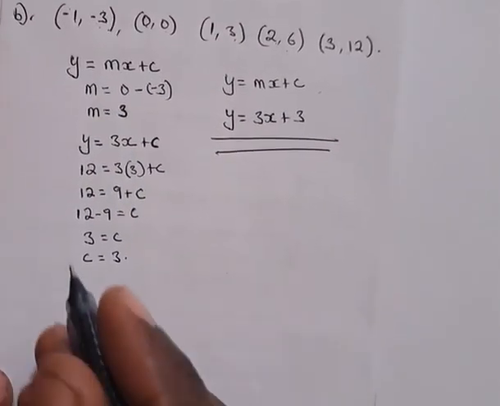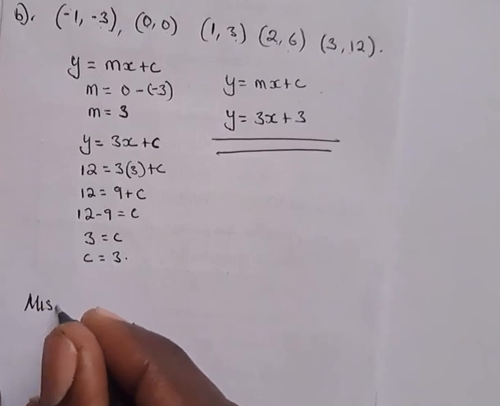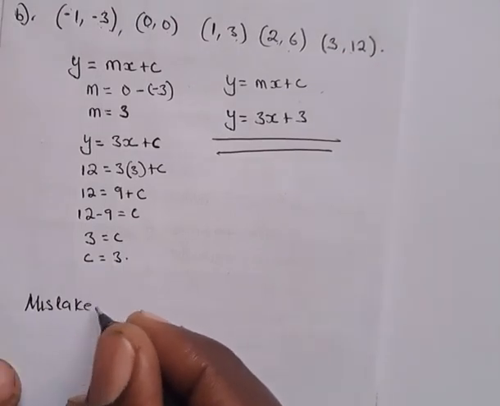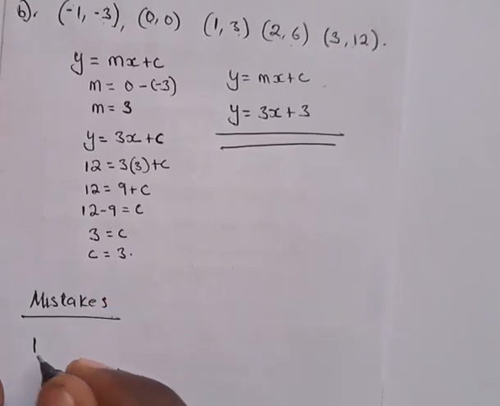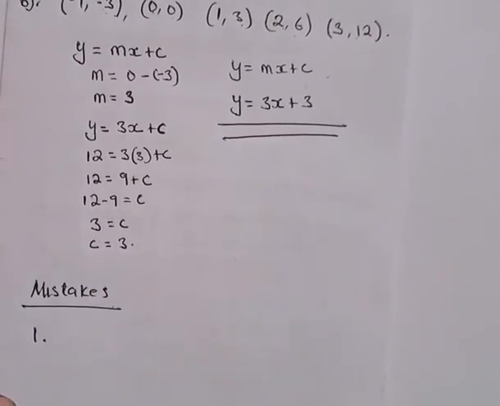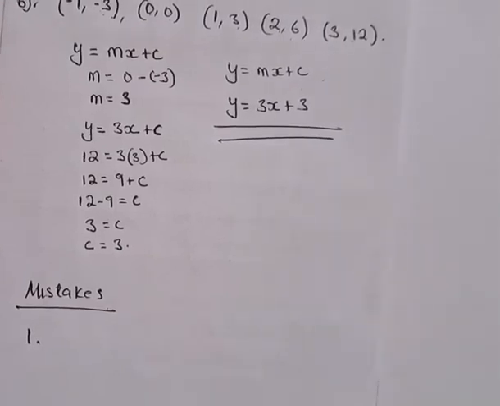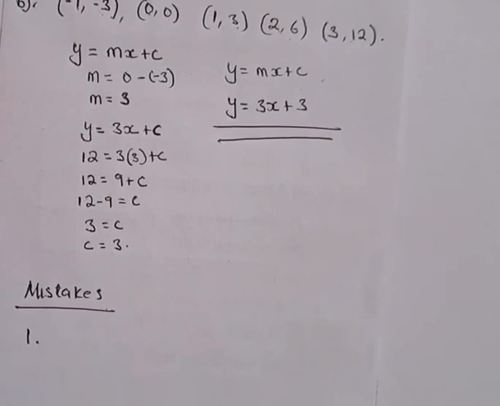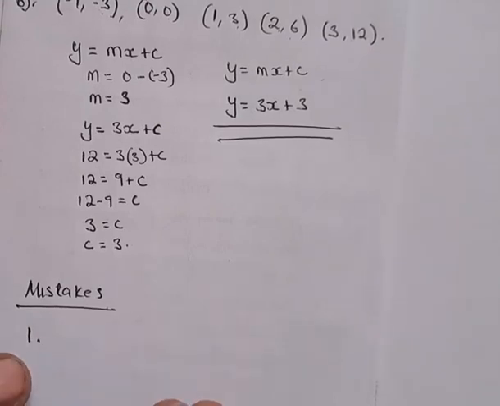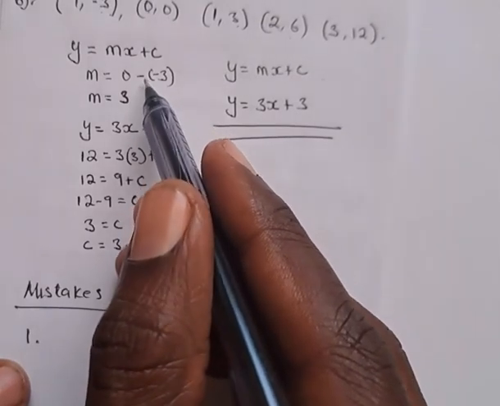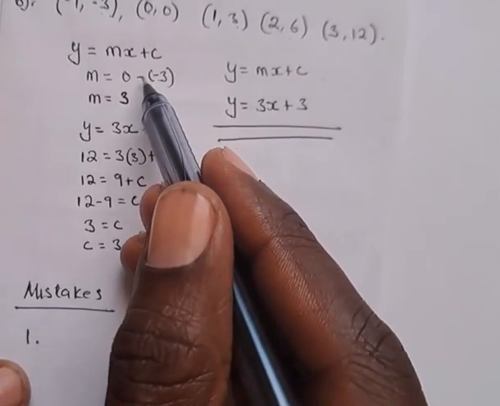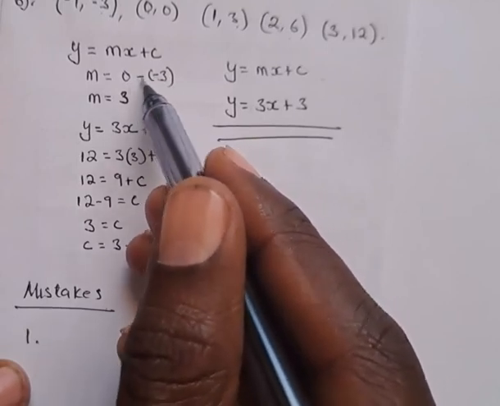Now let's look at the mistakes which most learners make. Mistake number 1. On the common difference, please apply the rules correctly. What I mean is that on the common difference like this one, people tend to forget how to expand these signs.